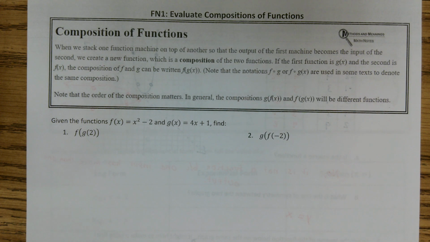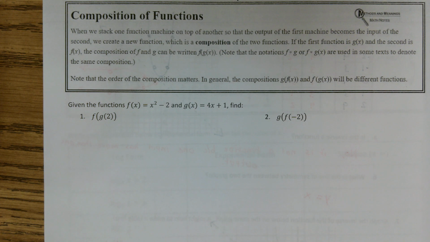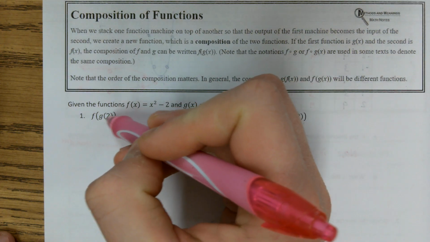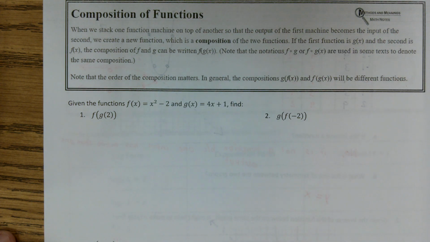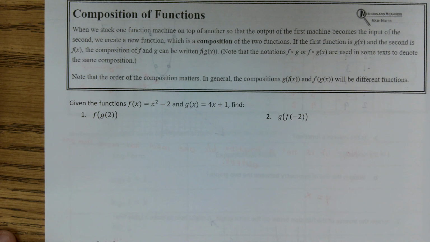The first one we're going to look at: given the functions f of x equal to x squared minus 2 and g of x equal to 4x plus 1, find the composition f of g of 2. We have the value of 2, so we're not solving for x; we're going to plug in 2 for our first value.